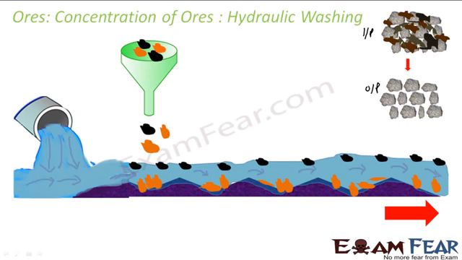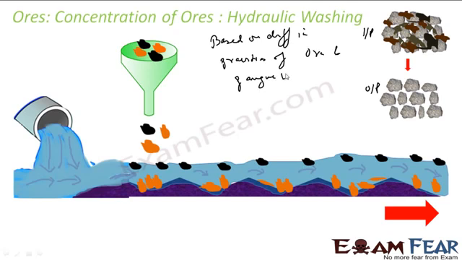So this hydraulic washing is based on the difference in gravities of my ore and my unwanted gangue particles.